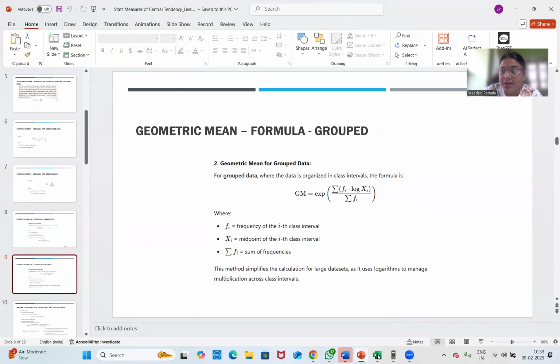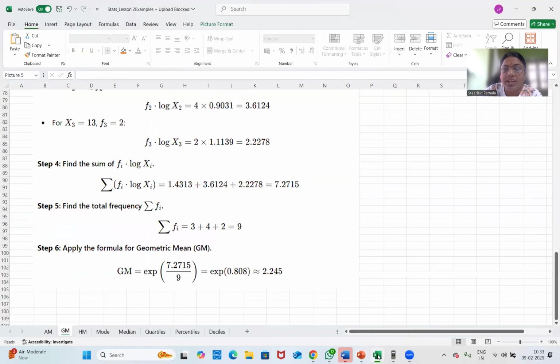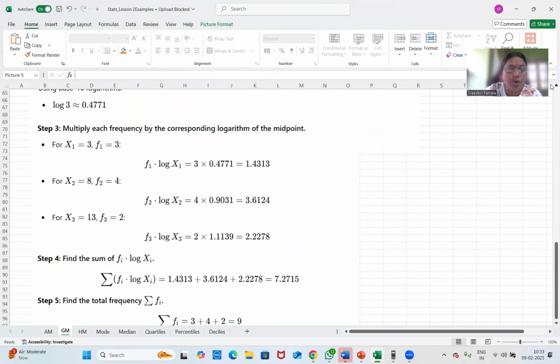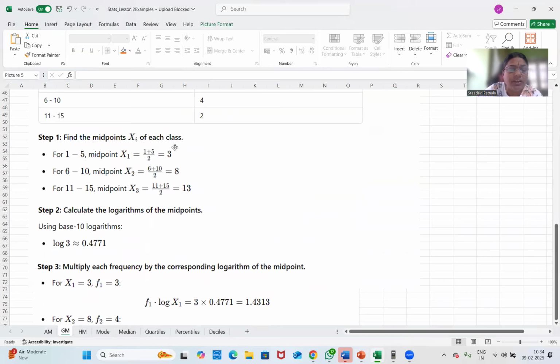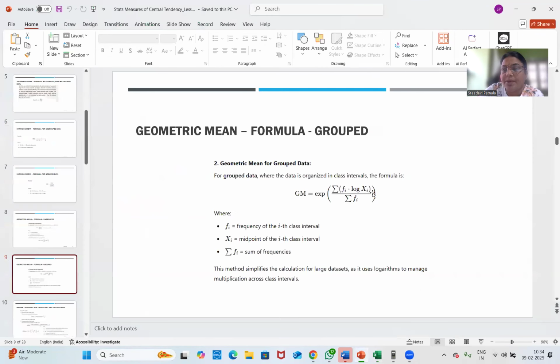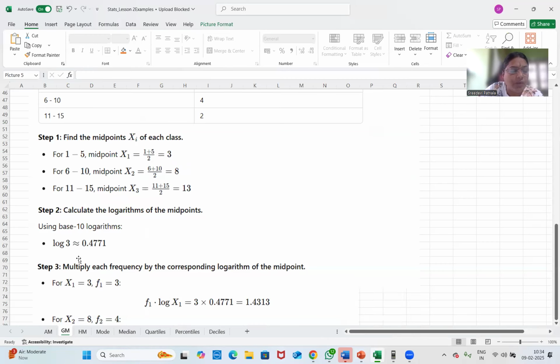Now in your example, the xi's are nothing but your midpoints, 3, 8, 13. In our formula, log of xi means log of 3, log of 8, log of 13, so we have to identify those log values.